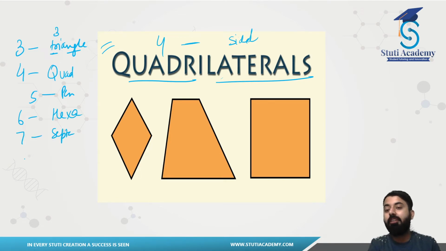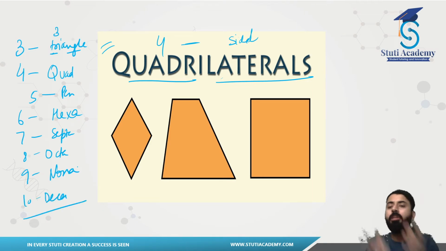Then you had the octagon, eight-sided, nonagon, nine-sided, and the decagon, 10-sided. We had 11-sided figures too, but these were the common types of polygons that you should remember, in order to have their names in your mind.